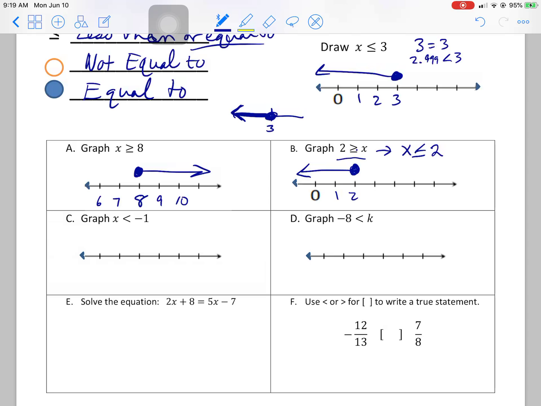See how this inequality points to the left? That way this inequality points to the left, okay? This one here points to the right. This one goes to the right. So the inequality symbols should be facing the direction your arrow goes, which is why I like to turn them around like that. All right, -1, so 0, 1, -1, less than -1.